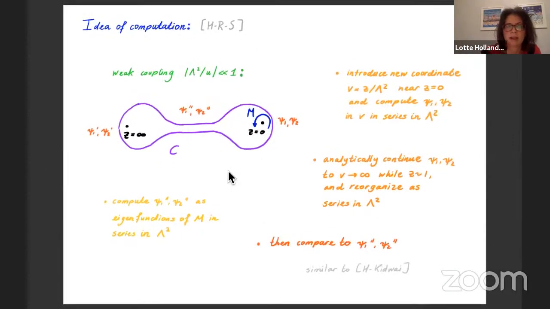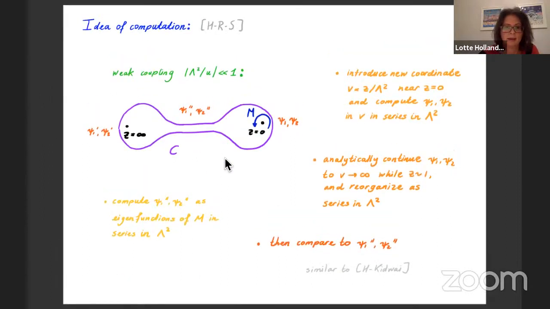Let me briefly sketch how you can verify this. We introduce a new coordinate, phi equal to c over lambda squared, near this puncture at c equals 0, and then compute these solutions in phi in a series expansion in lambda squared. Then you analytically continue them to large phi, to this intermediate region, and reorganize this series as a series in lambda squared.